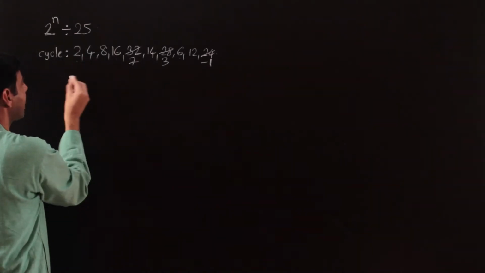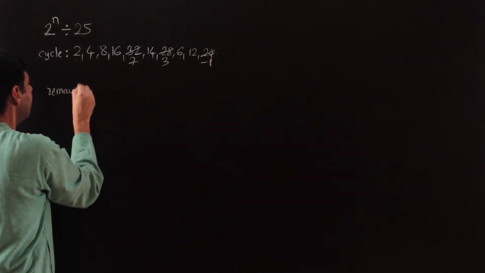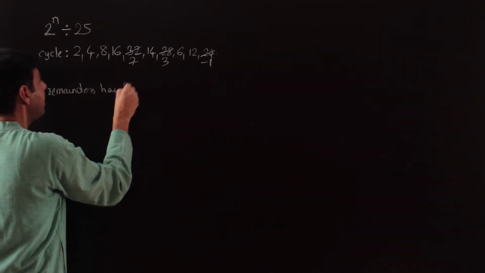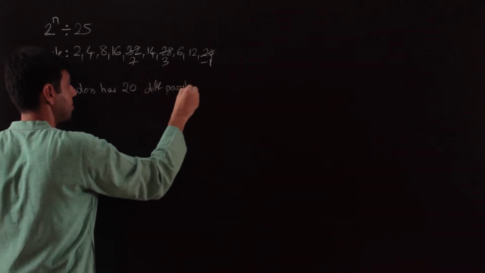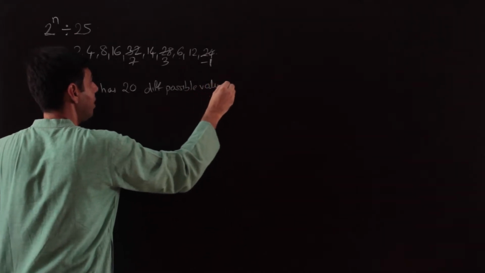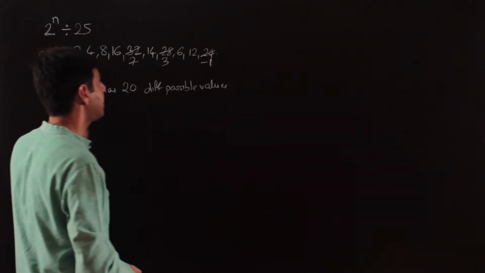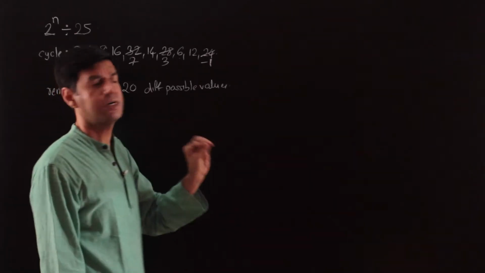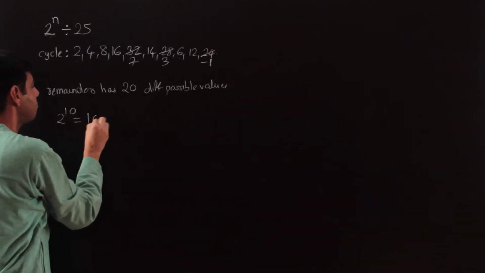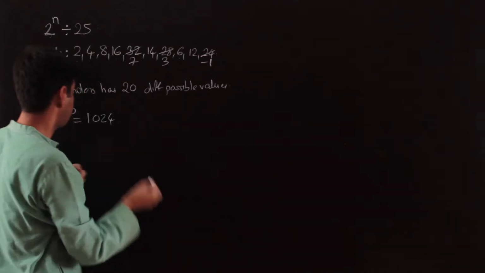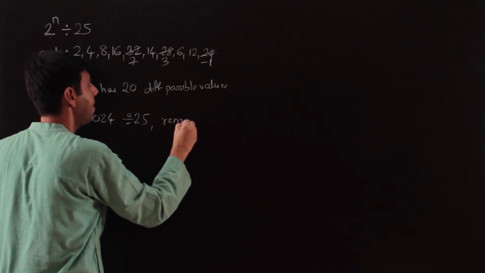So all we can say is the cycle of remainders has 20 different possible values, as the cycle will be of 20 different values. Why I say commit this to memory, or let me help you out, is you know that 2 to the power 10 is 1024, and 1024 when divided by 25, the remainder is going to be minus 1.